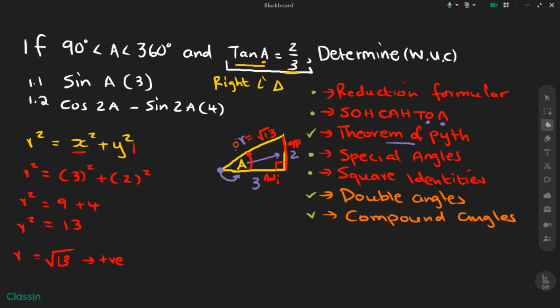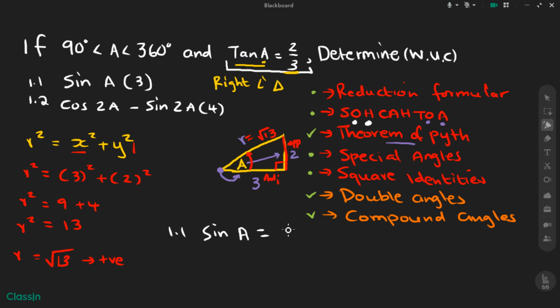Now that we have a complete triangle, we can move forward with our question. Question 1.1 is about sine A. Sine A is how much? Using SOHCAHTOA, sine is opposite over hypotenuse. What is our opposite?